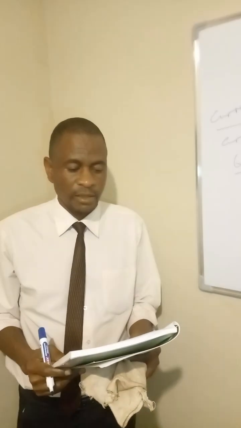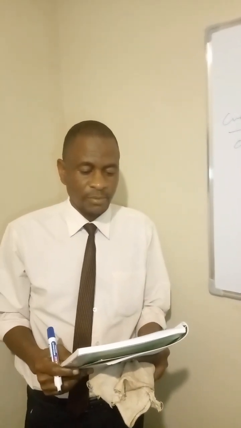Number 29. Which of the following is not recorded in the receipts and payments account? A, fixed assets bought in the previous year. B, fixed assets bought in the current year. C, payments to creditors during the year.